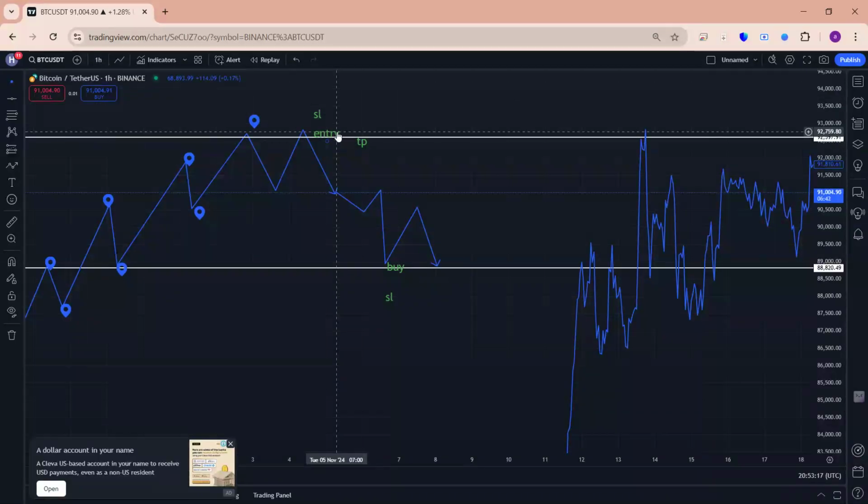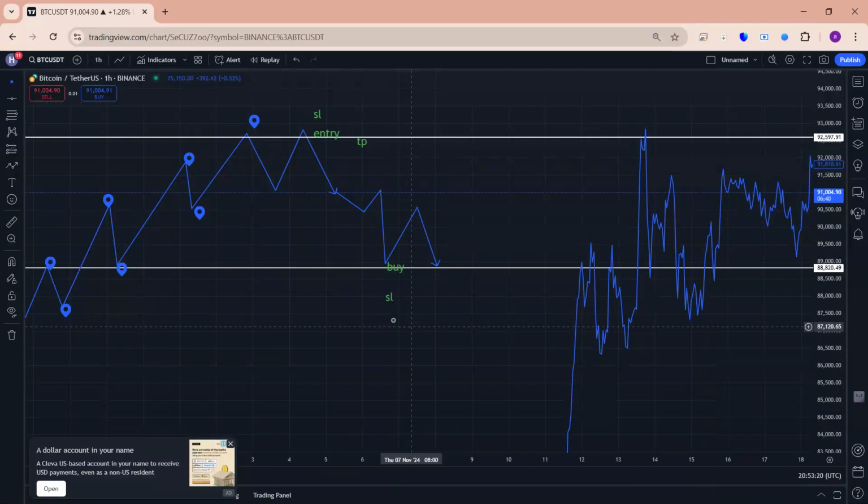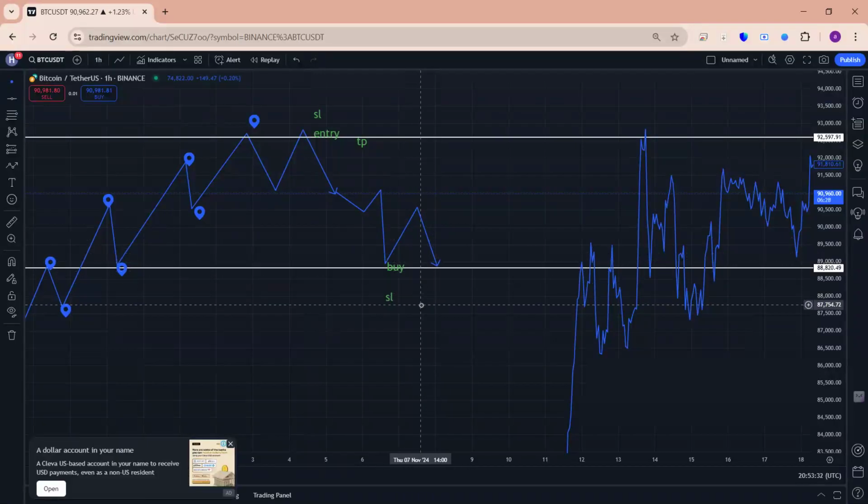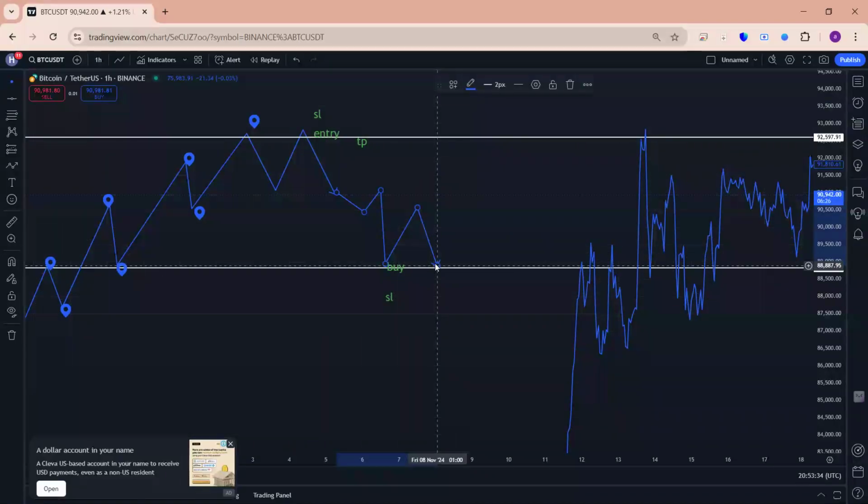Example, you set your limit entry here, you set your limit entry here, and the big guys in the market want to make money. There is one thing we call liquidity grabbing. Since you already set your stop loss around this place, they will push the market.